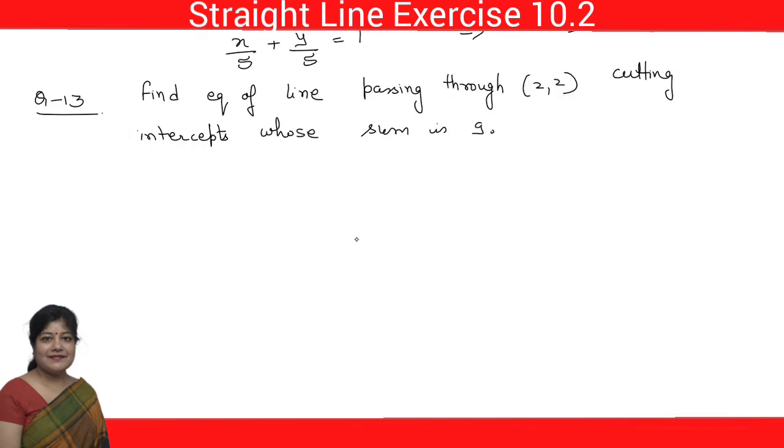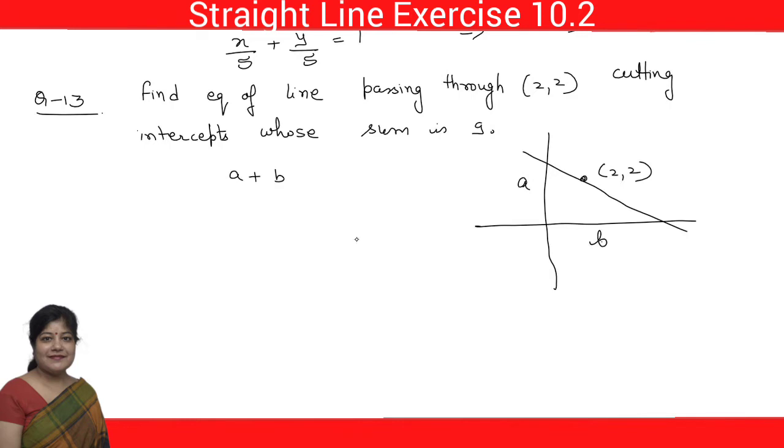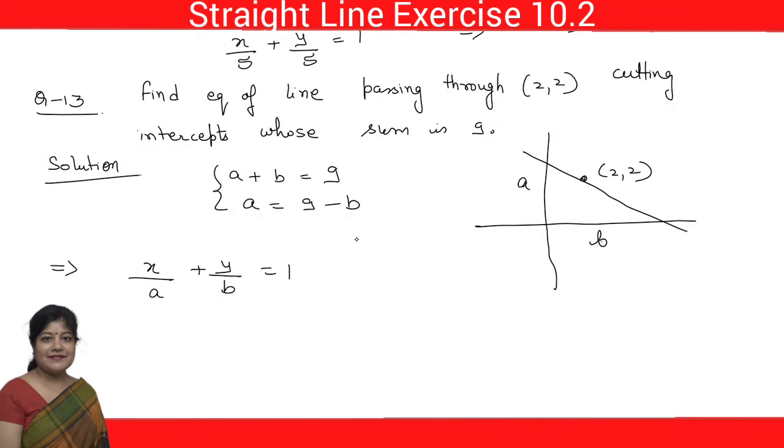That means now there are different intercepts on the axes. This is A, this is B. It passes through the point 2 comma 2, and it is given that the sum A plus B is 9. So we can write A as 9 minus B. So we have the equation of the line x over A plus y over B is equal to 1. So in place of A, I put 9 minus B.